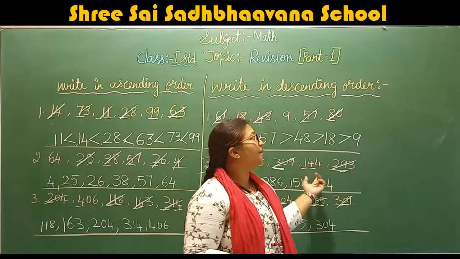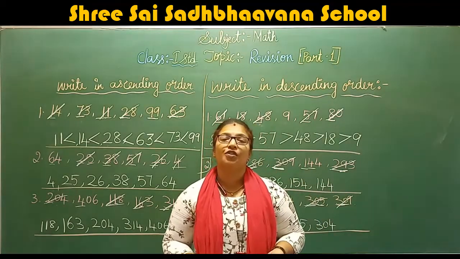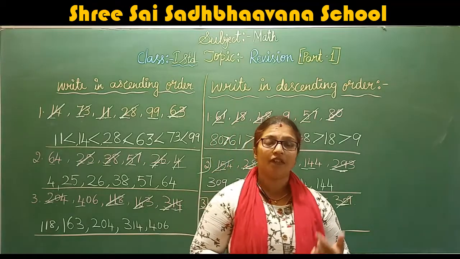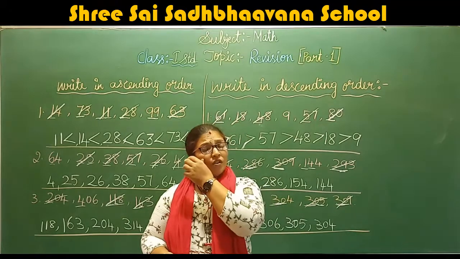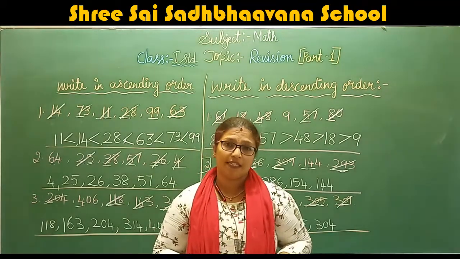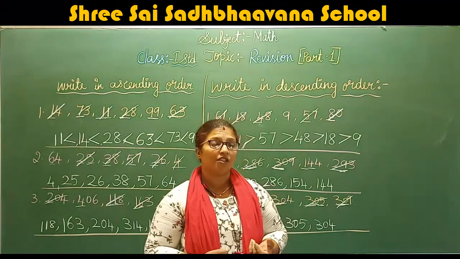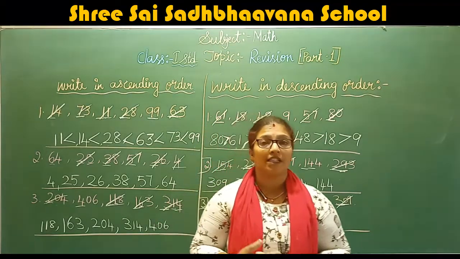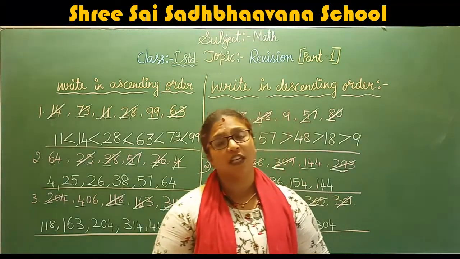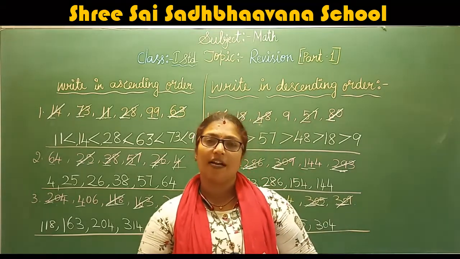If we are writing descending order, we should see the greatest number first, then the smallest number. If the tens place number is the same in 2-digit numbers, we have to see the ones place number, right?